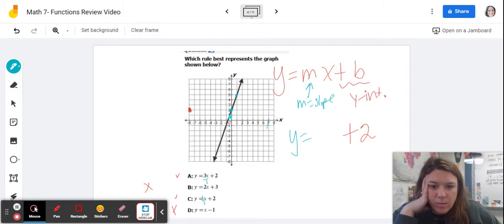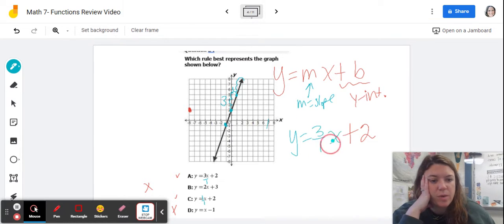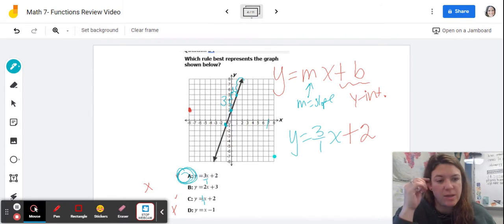So I'm looking to see where it crosses the grid lines because that's where I need to put a point. So this goes up 3, right 1, up 3, right 1. So the 3 is the top number, the 1 is the bottom number. And that is what A says. If it just says 3x, that means that it's over 1, right?